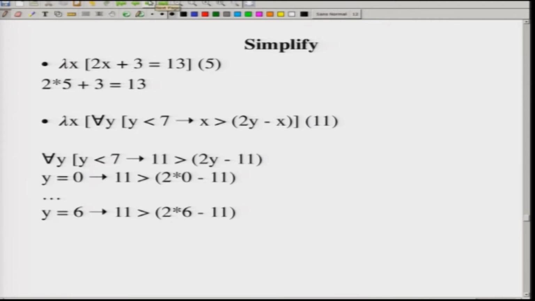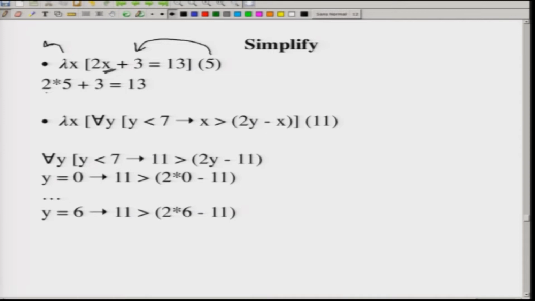We have just two examples to see what is happening. What will be the simplification here? Lambda x 2x plus 3 equals 13. What will happen is lambda will go and 5 is the argument given to it. 5 comes in after replacing x.